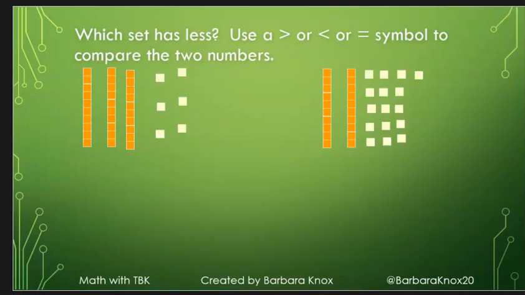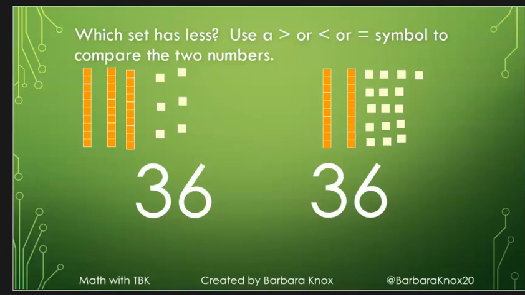Pause the video again to compare the 2 values on the screen. Write an inequality to show which number is greater. The value on the left side is 36. The value on the right side is also 36.